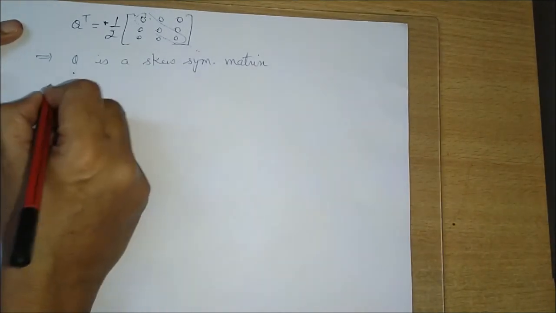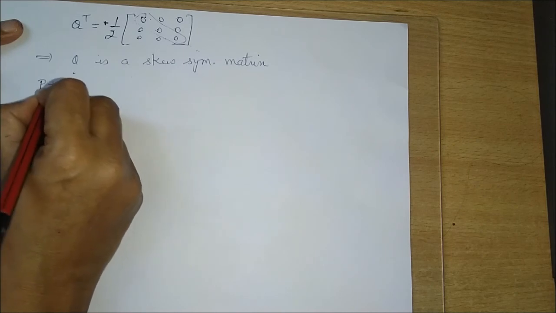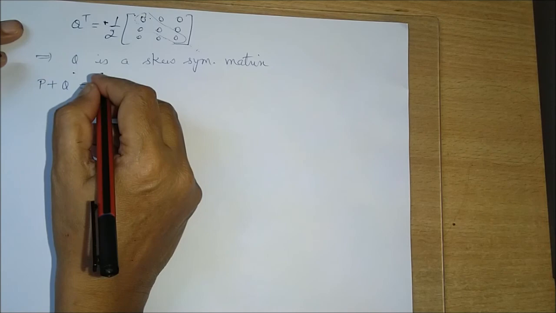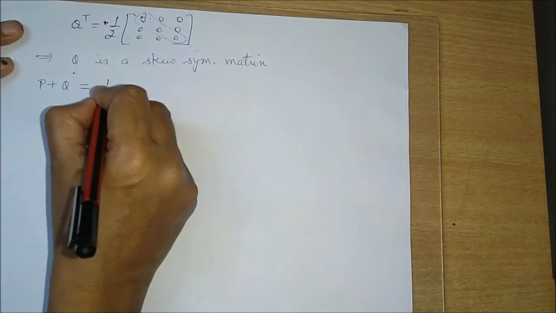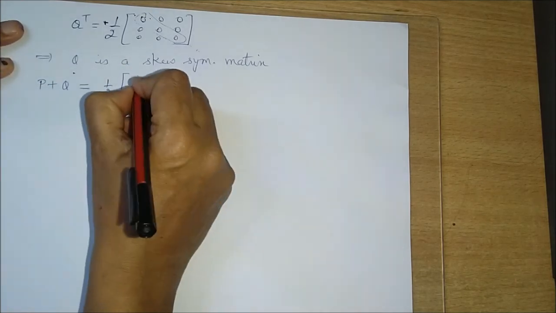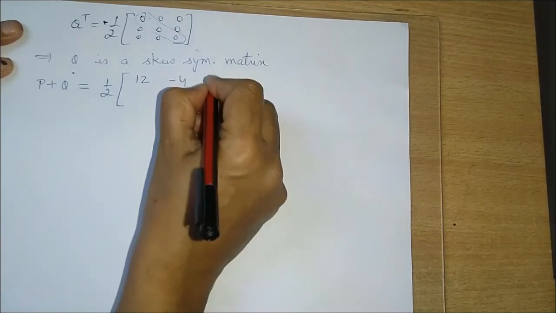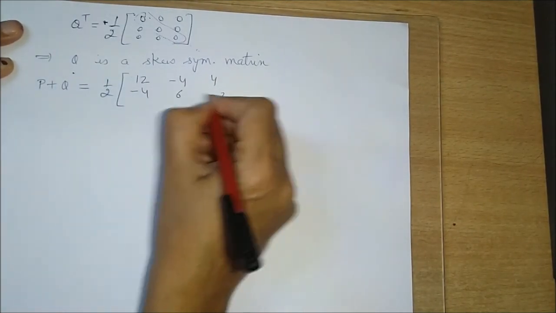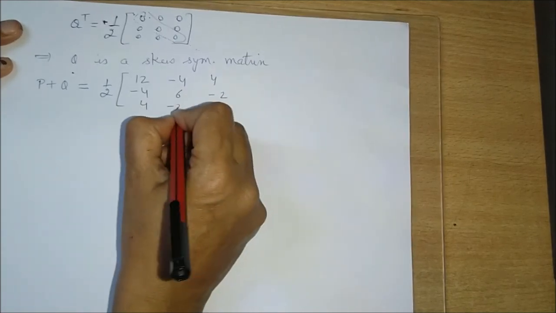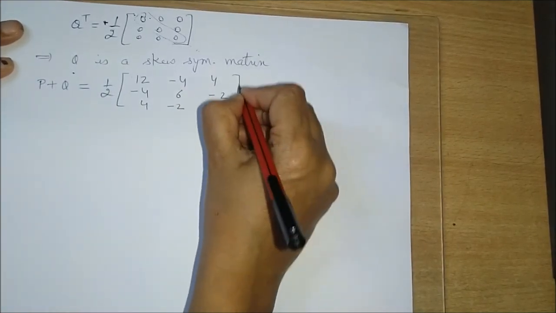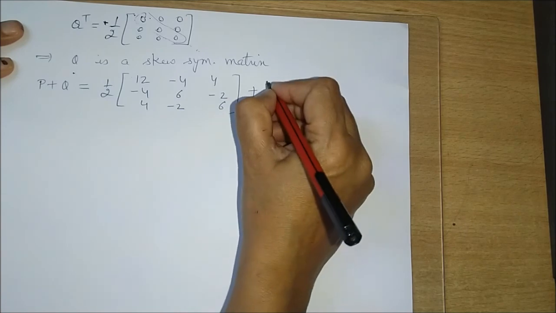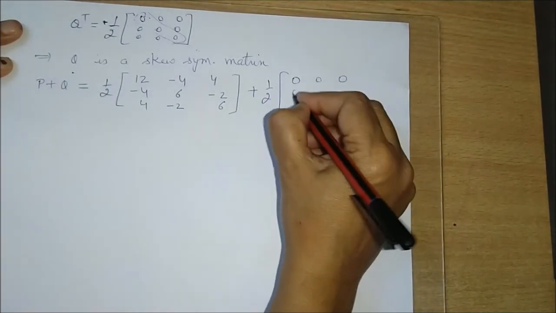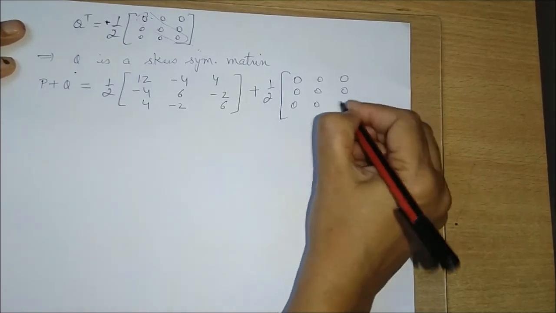Now if we add P with Q, P matrix is 1 by 2 [12 -4 4; -4 6 -2; 4 -2 6], plus Q matrix 1 by 2 of the zero matrix.